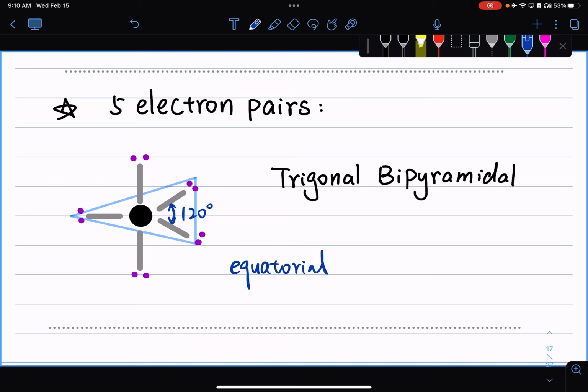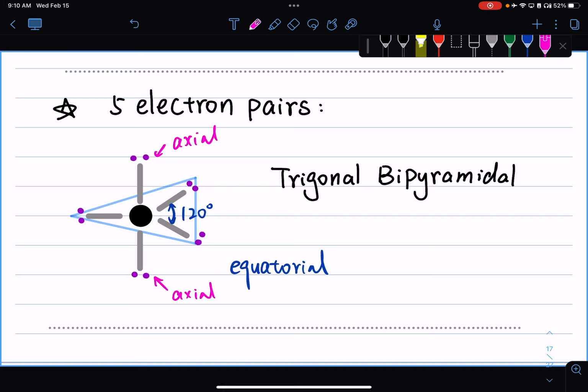But again, now we're in the three-dimensional world. So you have two more electron pairs, on top and bottom of that triangle. Imagine this paper is like your triangle, and then on top and on bottom, you have two more electron pairs. Those two electron pairs are my axial electrons.